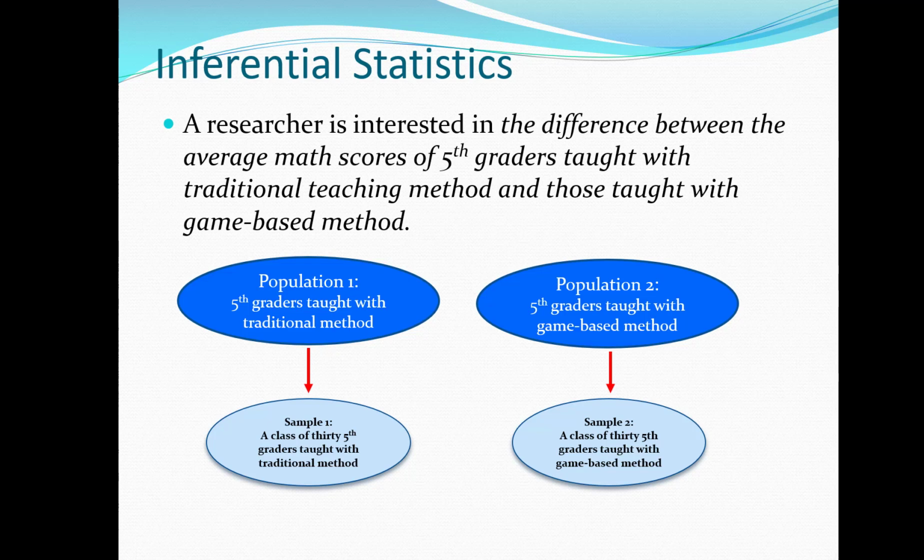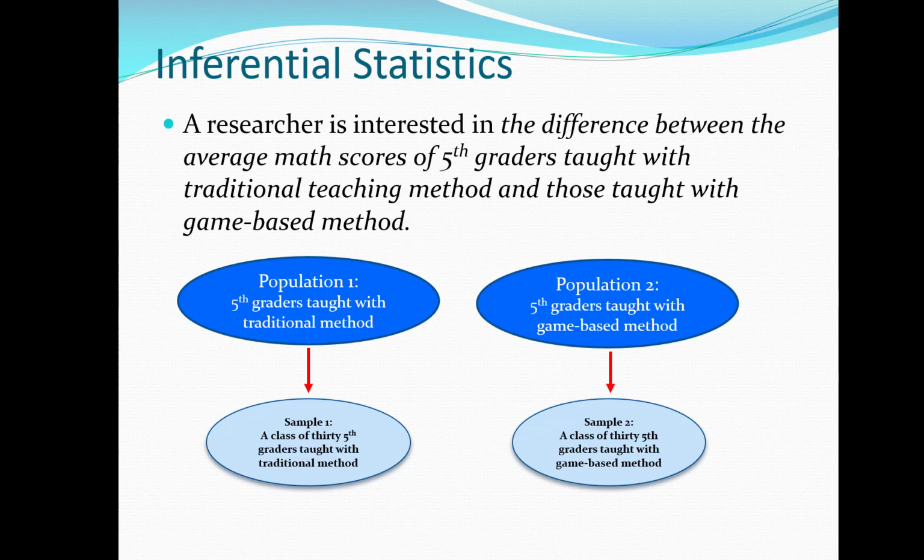Can this researcher reach out to everyone in population 1 and reach out to everyone in population 2 and then give them a math test and collect math scores from both populations and then calculate the average math scores and compare? The answer is very unlikely. It's not really likely for the researcher to do that.